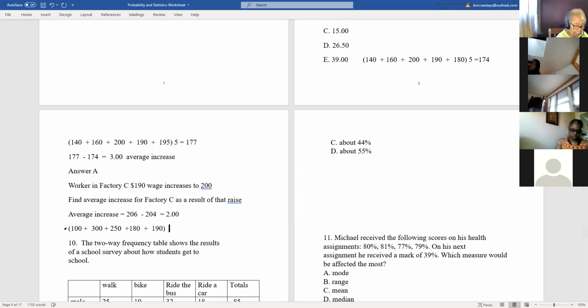And that's divided by 5 because there are 5 wages there, right? When I add everything up, it came out to 1020. 1020 divided by 5.